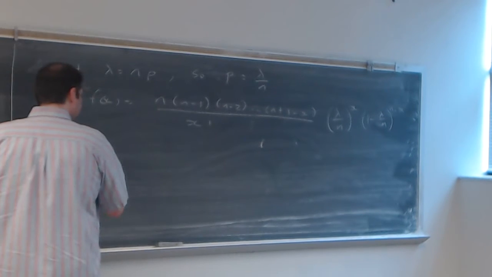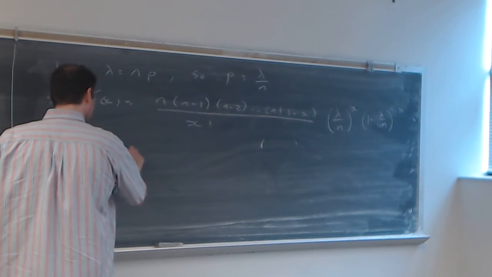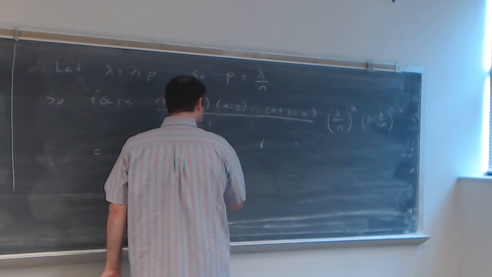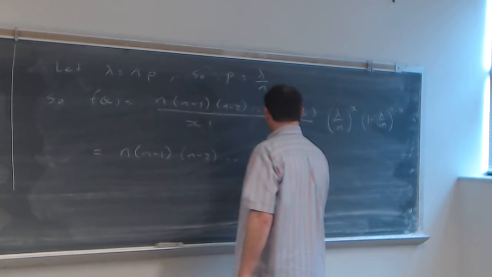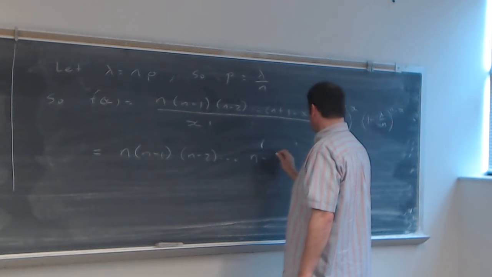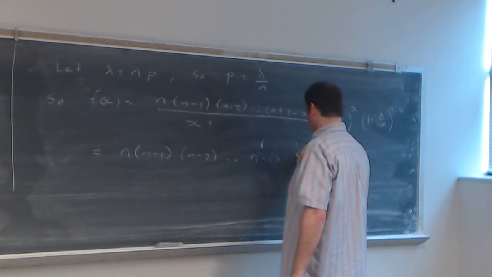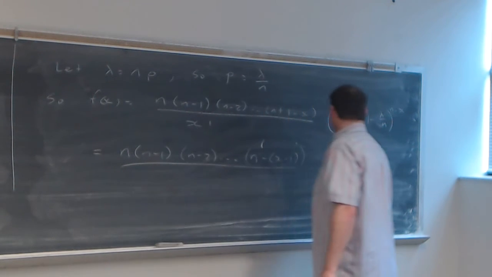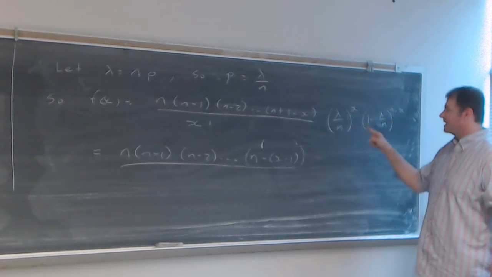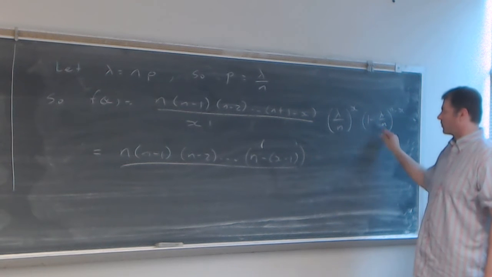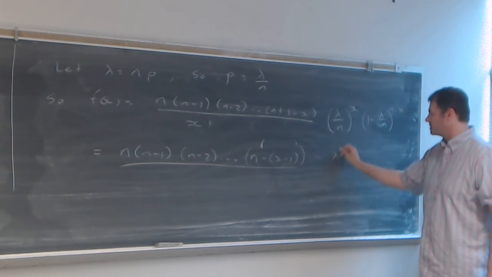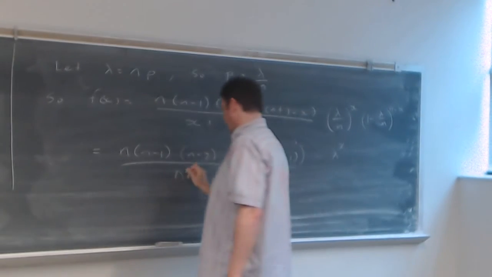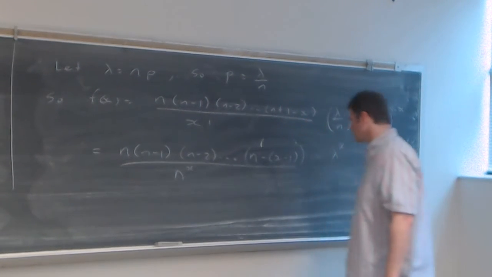I'm going to rewrite this. This is equal to n times n minus 1 times n minus 2 all the way down to n minus x minus 1, over n to the x, since we got lambda to the x and then there's an n to the x. I'm going to write n to the x over here to get this part together.